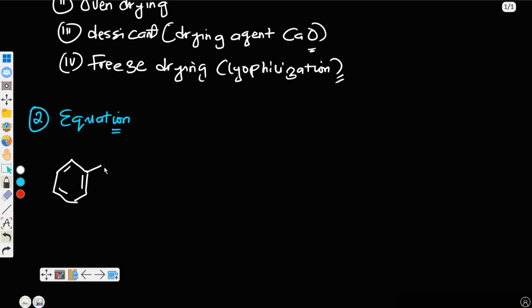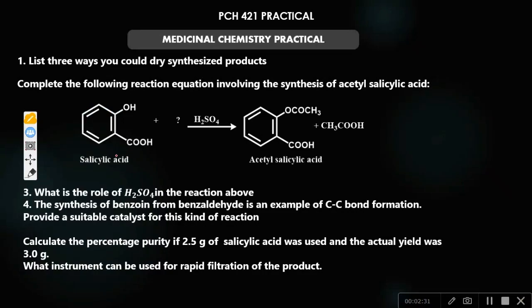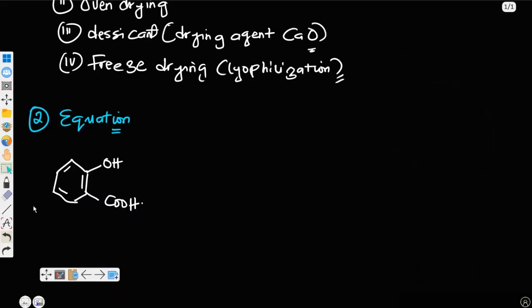You can say it is orthohydroxybenzoic acid. That is salicylic acid. That is the name.